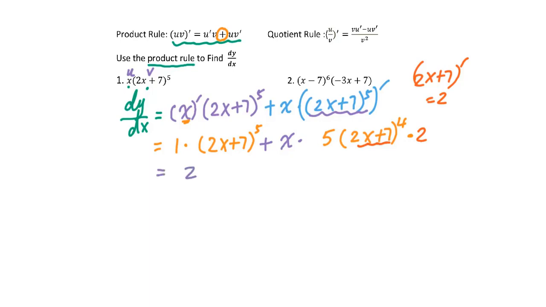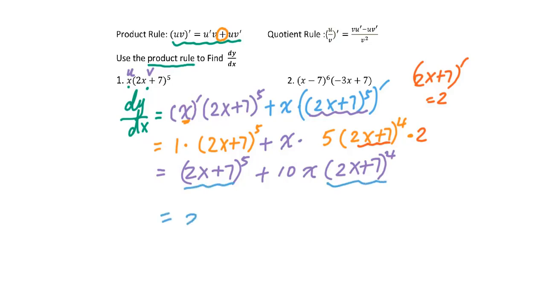Then we organize. You have (2x + 7) to the 5th power plus 10x times (2x + 7) to the 4th power. We will take out the (2x + 7) to the 4th power.